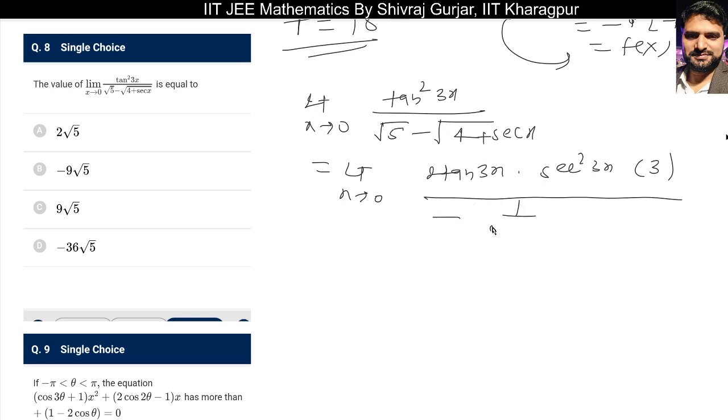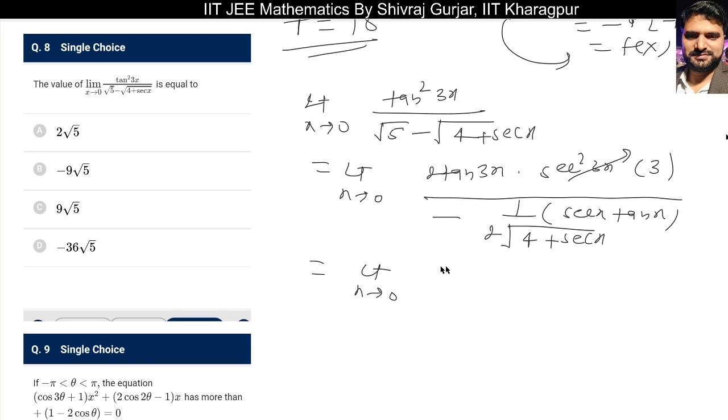So what will this be: 1 by 2 root of 4 plus sec x, and then we have to differentiate the internal term also, that will be sec x tan x. Now let us apply the limit x tends to 0. This will become 1.